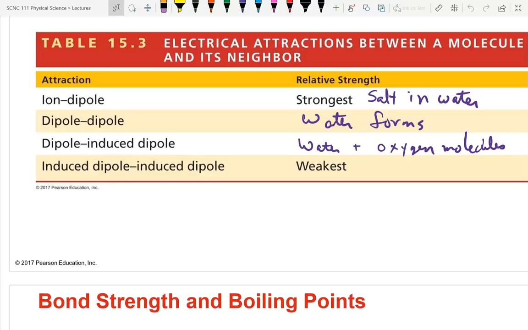Covalent was the term for bonds between atoms. Now we're talking about bonds between molecules. It's a tricky thing to make sure you keep separate. It's something I have not kept separate in my mind.